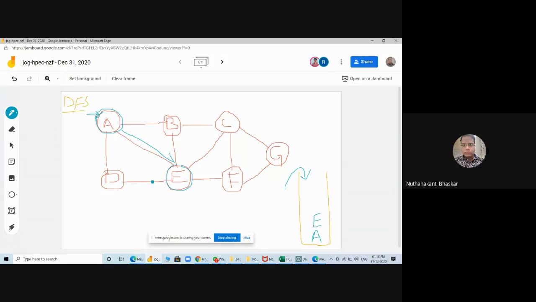After visiting E, again you need to check the adjacent nodes of E. What are they? A, D, B, C, F. All these are adjacent nodes. Out of these, A you have already visited. Correct?